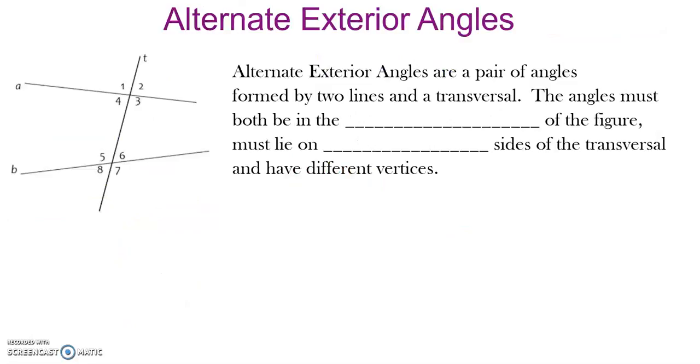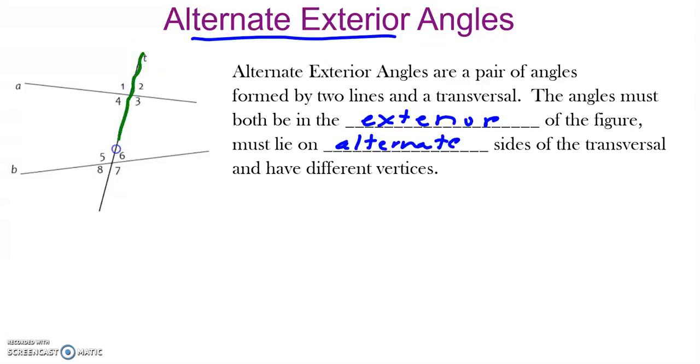The next type of angle is called alternate exterior, which alternate exterior angles are a pair of angles formed by two lines and a transversal again. The angles must both be on the exterior of the figure and must lie on, again, alternate or opposite sides of the transversal.